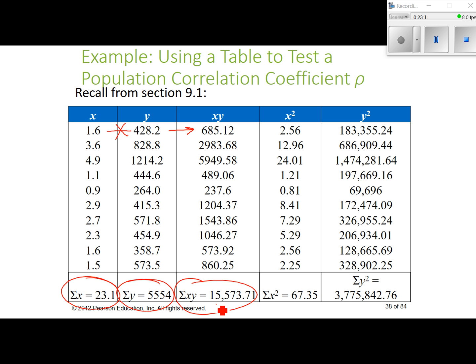Then I added all those up. Then I took all the X's and squared them and added them all up. Then I took all the Y's and squared them, added them all up, and I got that answer down there. And we're just going to use that to plug into the formula for R.